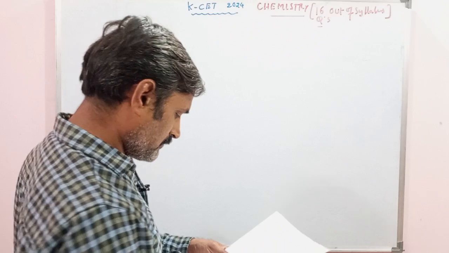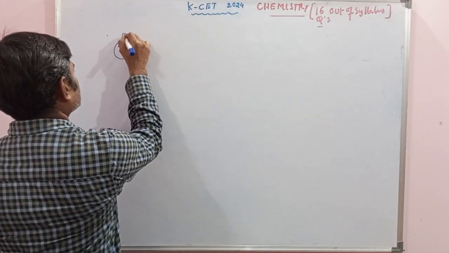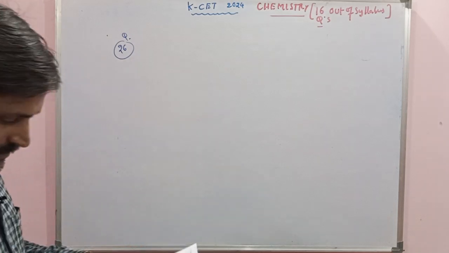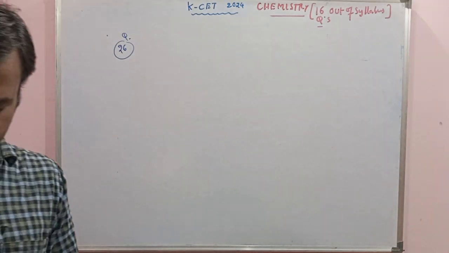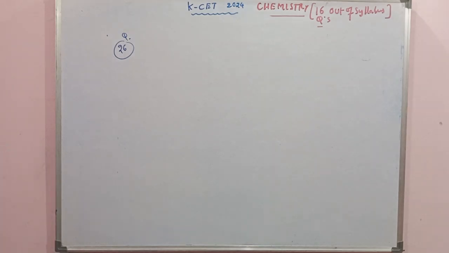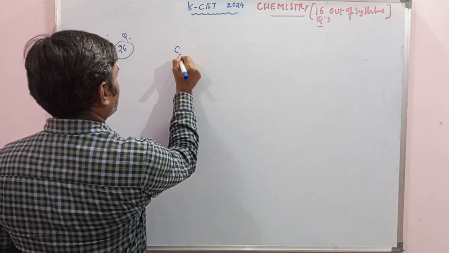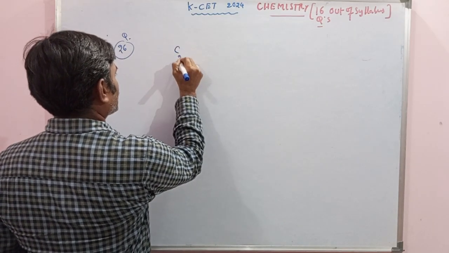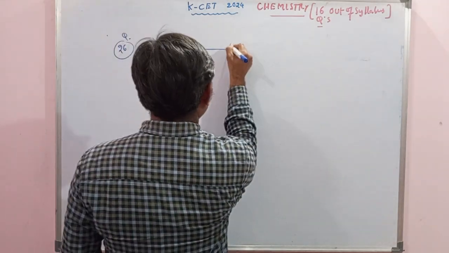What is question number 26 asking? There is a scheme of reaction given, and in that we have to find the reagent present on the arrow mark. Let us see this scheme: C2H5Cl is given.